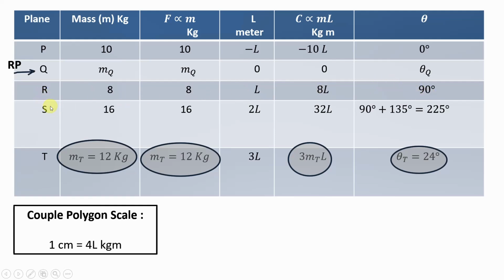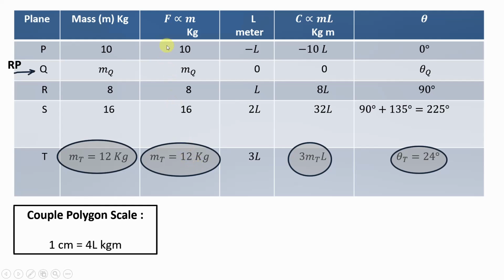Between R and S, the angle that is given is 135 degree. So from P, we are measuring the angle from positive x-axis. So it is 90 plus 135, so total angle will be 225 degree from plane P. And theta T obviously we have to calculate. These are the calculated values which I have shown over here, 24 degree and 12 degree. Those we will get from the diagram.